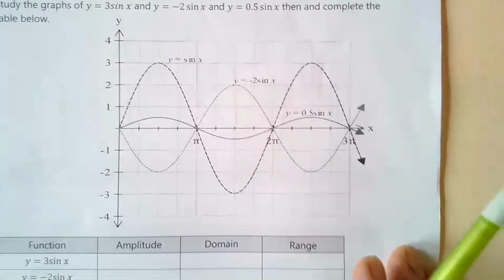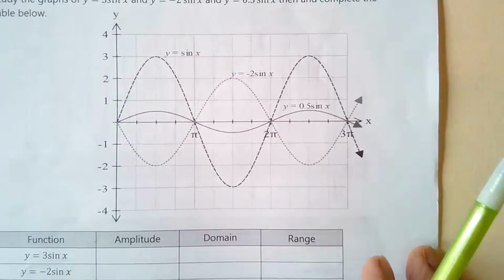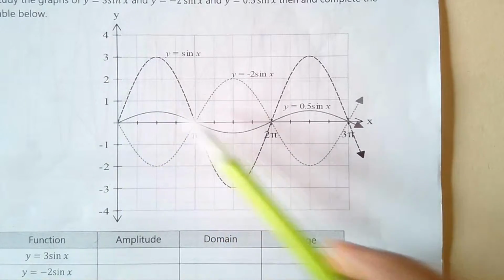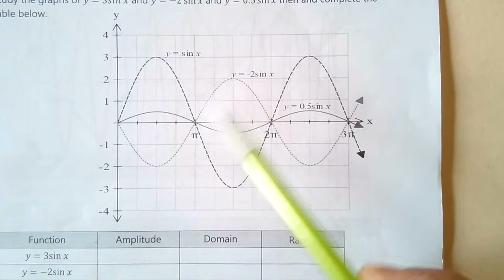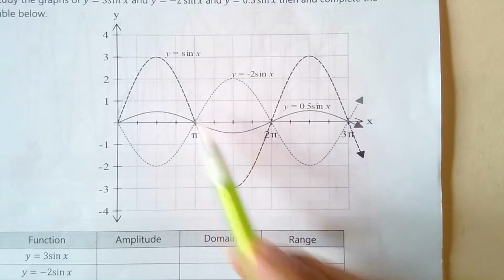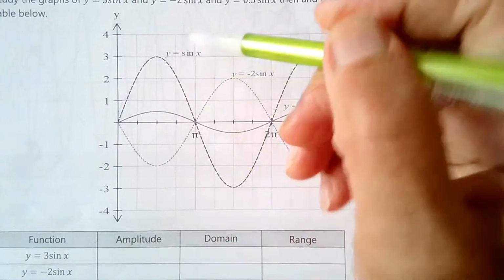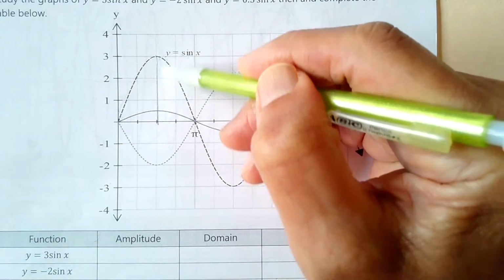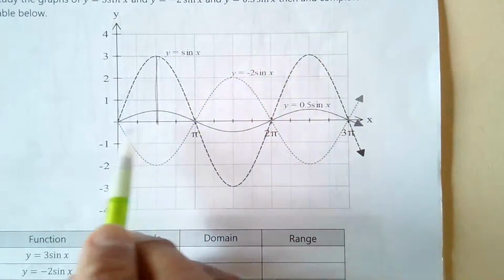So let's focus on the amplitude of this case here. So here we have the graph. If you look at the first one here, y equals 3 sine x. The amplitude here is 3. This is your midline here.